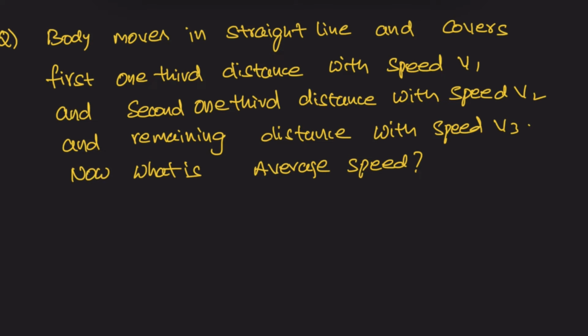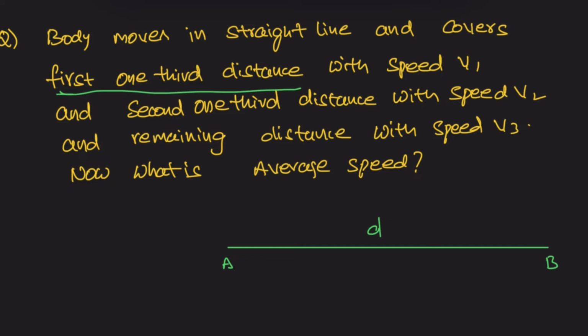A body moves in a straight line and covers the first 1/3 distance with speed v1 and the second 1/3 distance with speed v2 and the remaining distance with speed v3. Now what is the average speed? Now total distance is say d. From the data, first 1/3 distance, next 1/3 distance, and remaining distance.